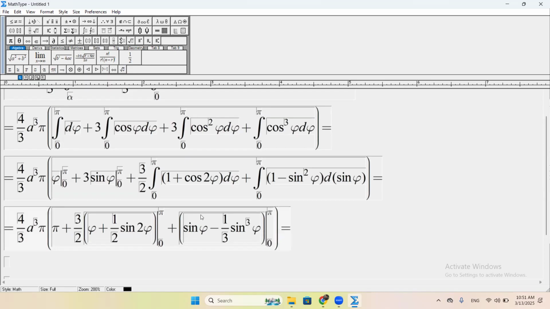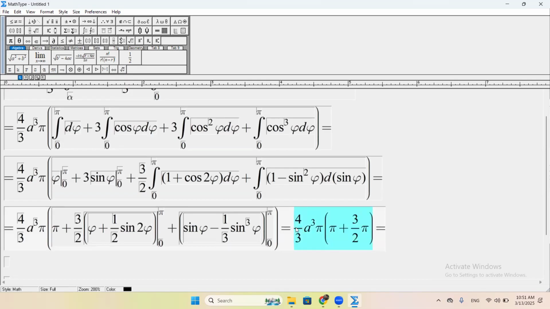So what do we have? 4 over 3 a cubed p multiplied by p plus 3 over 2 p, and it will be 0 here and 0 here.